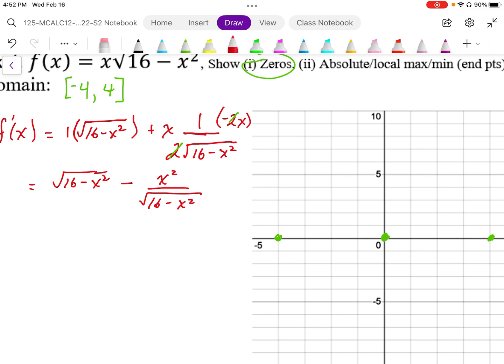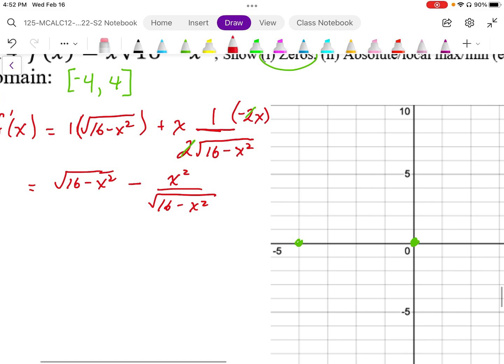Okay, so I want to get a common denominator here to add these fractions. Now, when I get a common denominator, I multiply the top and bottom by root 16 minus x squared. Well, root 16 minus x squared times root 16 minus x squared is going to cancel out the square roots.